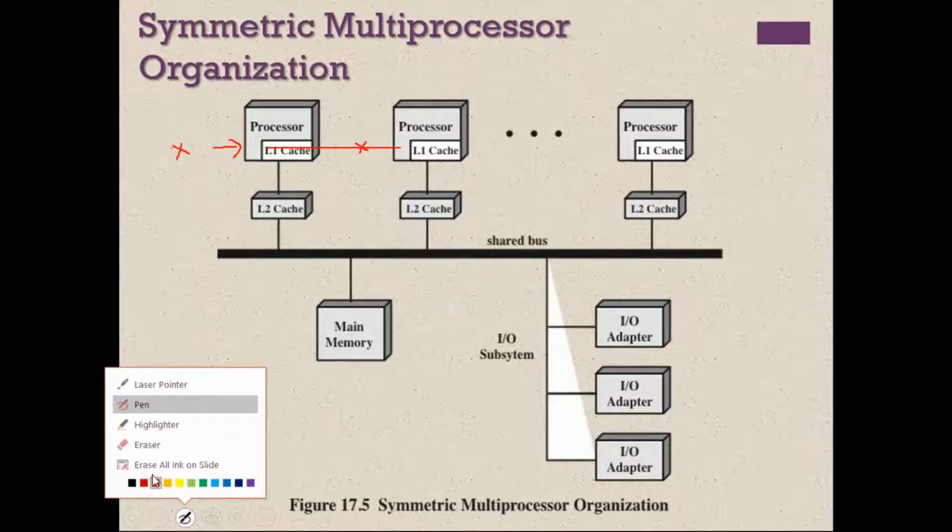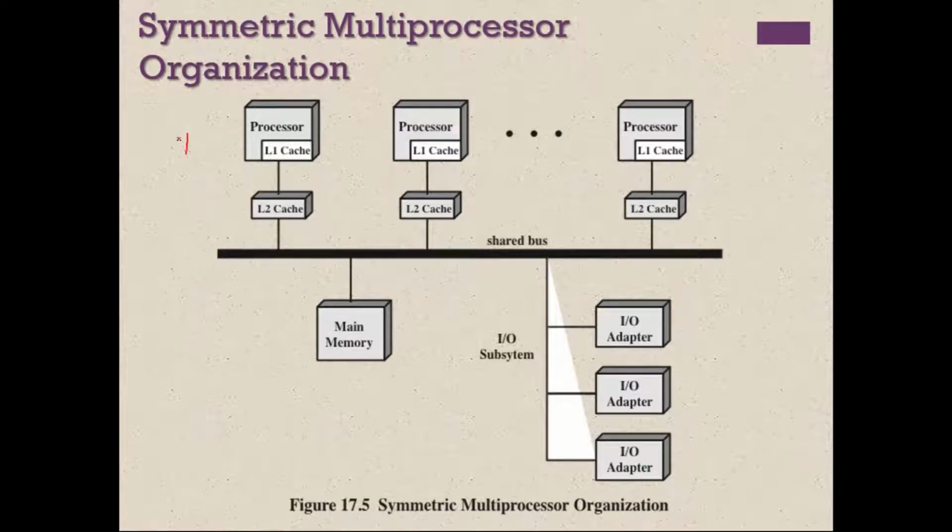So line X is available in both processors. Now, if this processor updates this line to X dash, the value of this line in the other cache becomes inconsistent or invalid. This problem is called the cache coherence problem. Whenever one cache updates, it should immediately be reflected in all other caches.